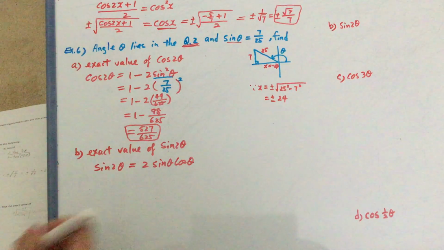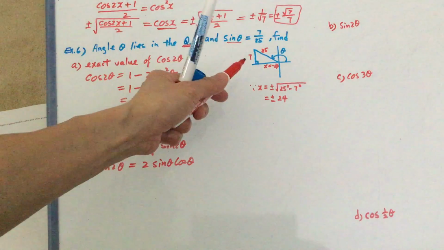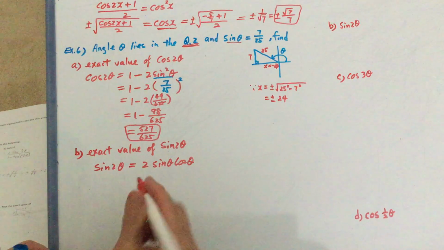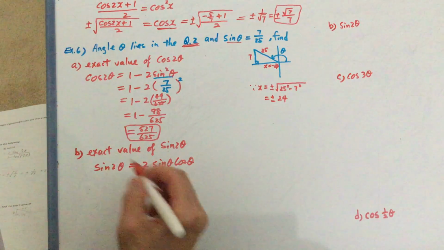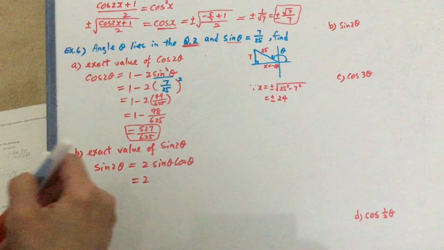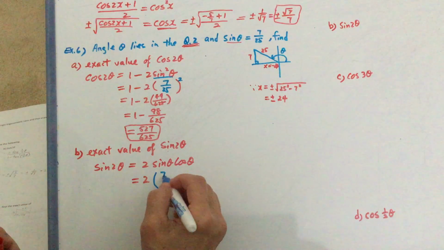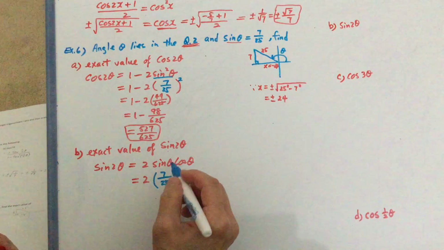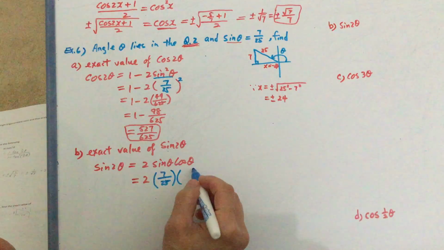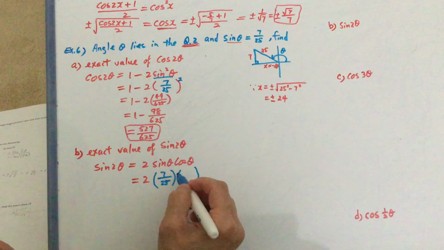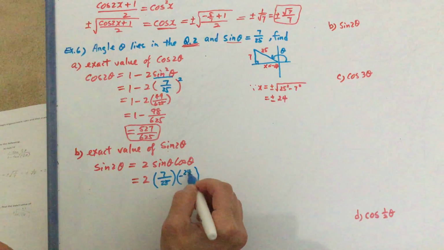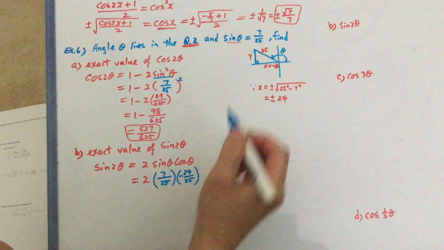Based on the diagram that we have over here, we can easily replace: sine theta is given as 7 over 25, but cos theta in that quadrant is going to be equal to minus 24 over 25.